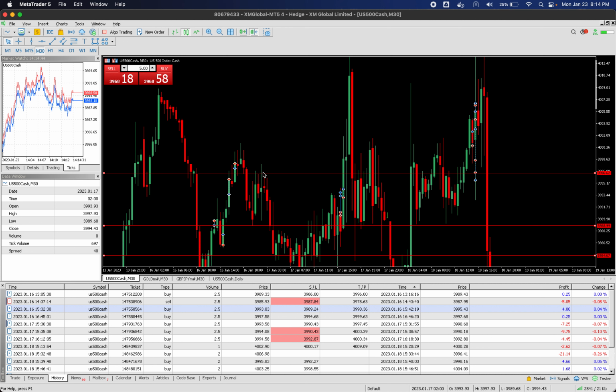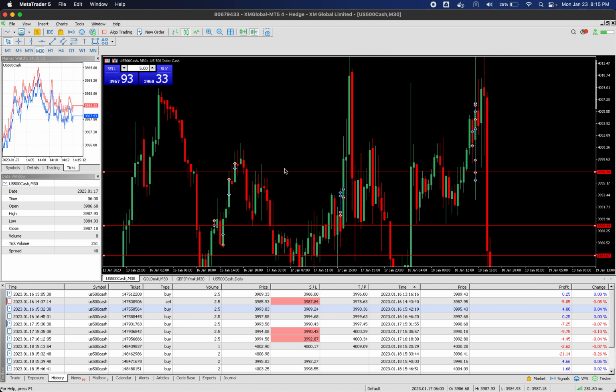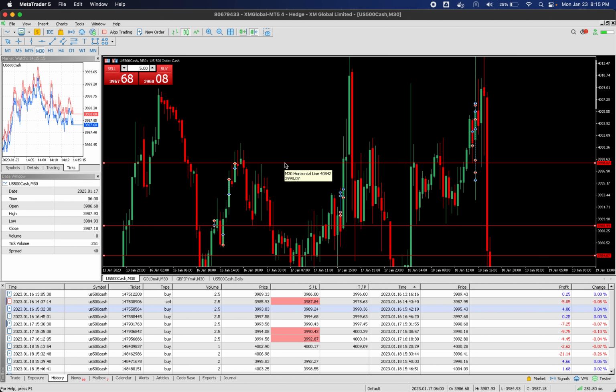So this is a really good example here. I put in a trade the moment the next candle went past the highs of the previous 30-minute candles, right? So there's a buy, and I was still hoping to cover this 3996. So I was a little ambitious on this one.